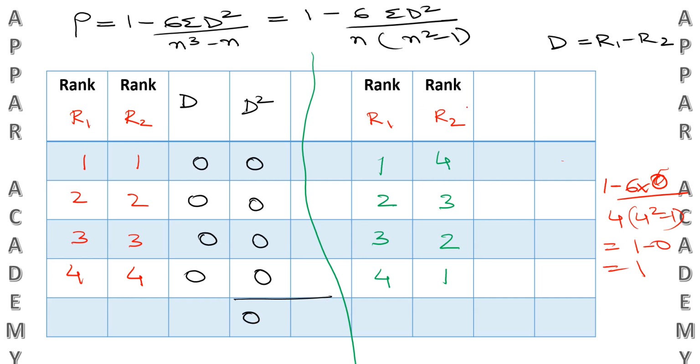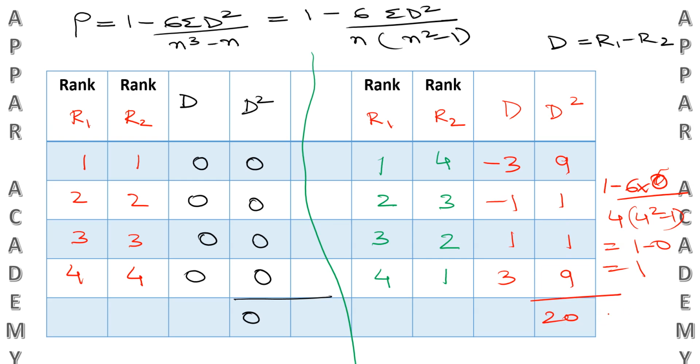Now if we have this R1 and R2, again let's find this d. Here we have 1 minus 4 is minus 3, 2 minus 3 is minus 1, 3 minus 2 is 1, 4 minus 1 is 3. Now we again find d square over here. So d square will be 9, 1, 1, 9. Summing it up, 9 plus 9 is 18, 19, 20. So this becomes 20.